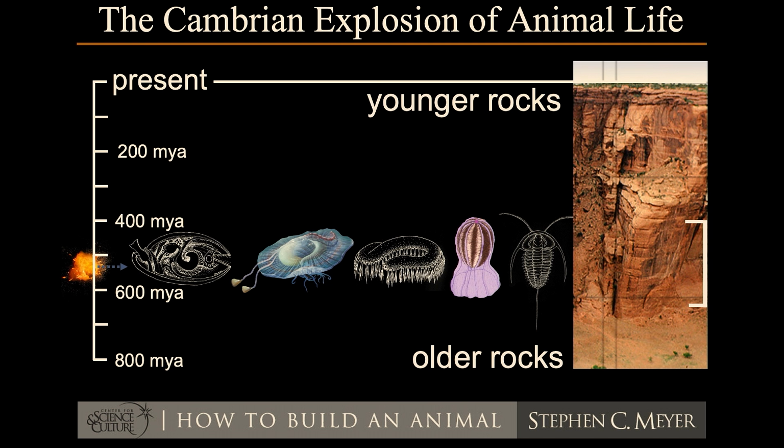And so when we do those kinds of calculations, 5 to 10, even 40 to 80 million years is not nearly enough time to account for the origin of all this new biological form by reference to the standard Darwinian processes.